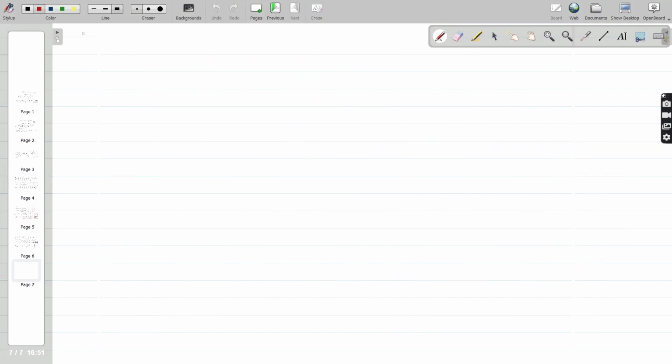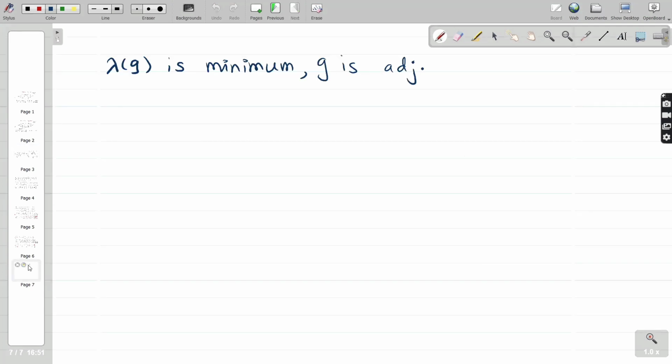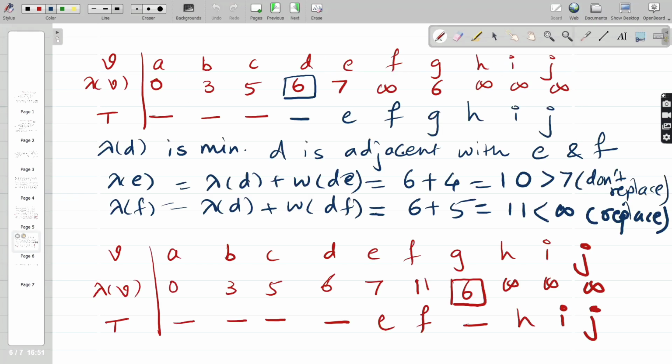So we will write here lambda G is minimum. And G is adjacent with F, H, I, and J. All four vertices. All of them are still there in T.